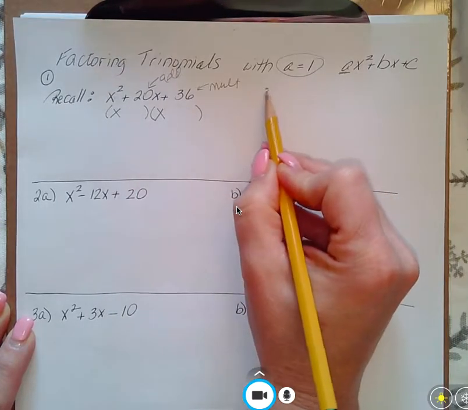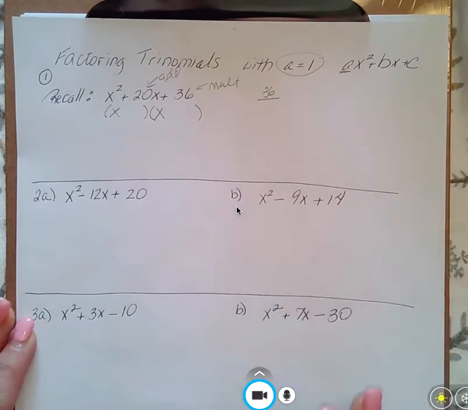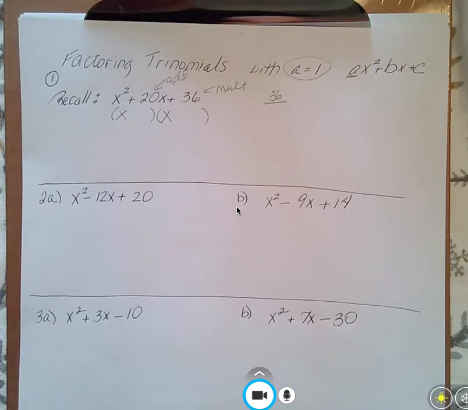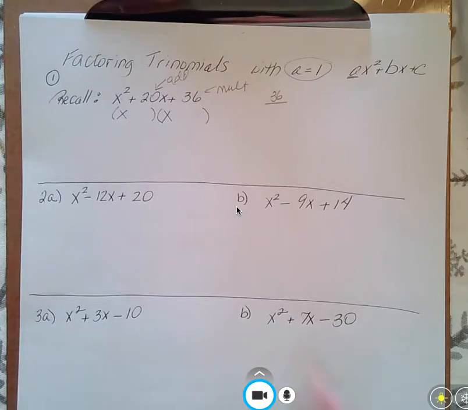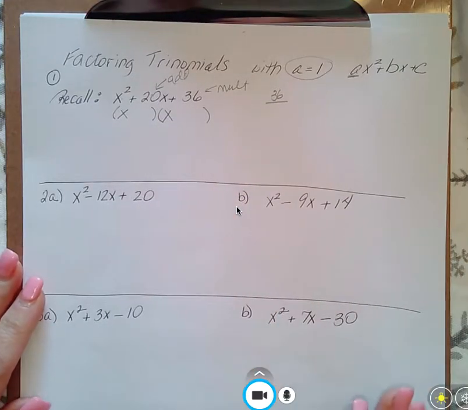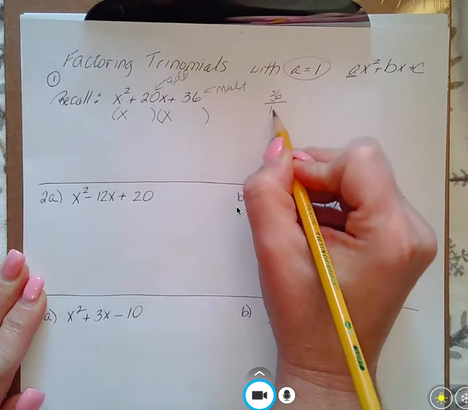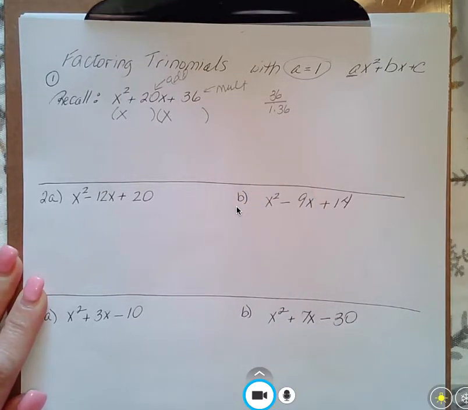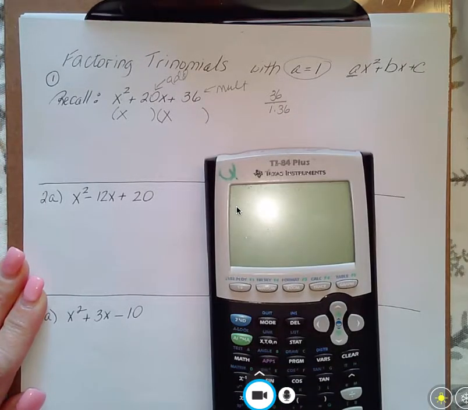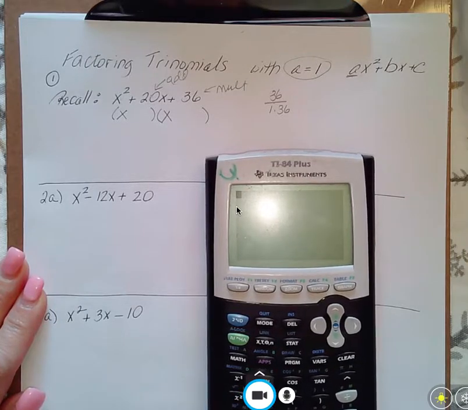So for the number 36, if it's not coming to you, my go-tos are 6 times 6 and 4 times 9, and neither of those is going to give me 20. So let's write out all the possibilities for numbers that multiply to give us 36. That's 1 times 36. And if they're not coming to you, you can take 36 and divide as you go.